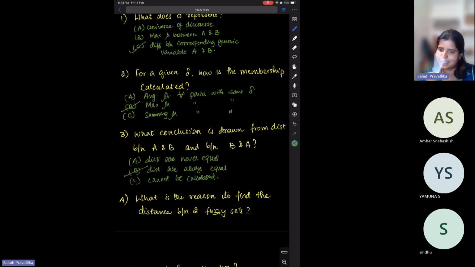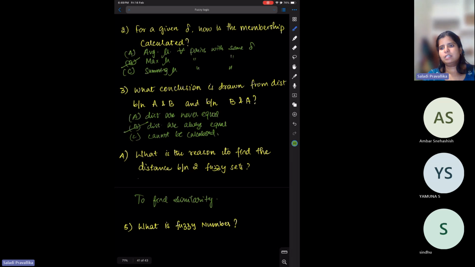If nobody is answering, then I'll give the choices. Yes, Snehashish, you are right. The reason we find the distance between two fuzzy sets is basically to find the similarity between the fuzzy sets.